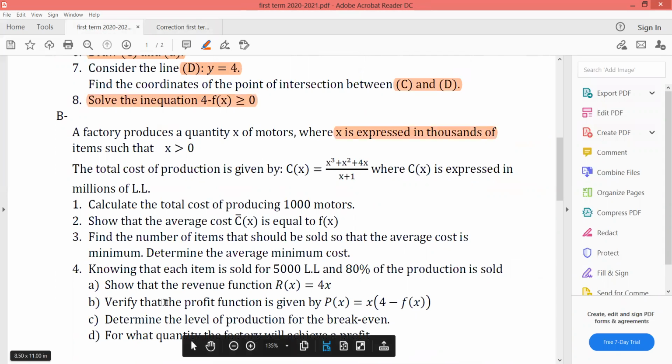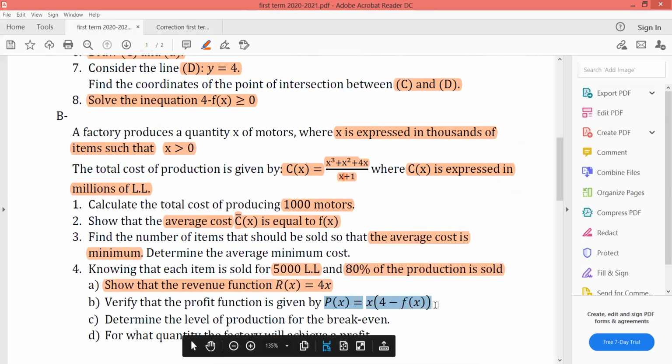Verify that the profit function is given by P(x) equal x times (4 minus f(x)). You know that the profit is equal to the revenue minus the cost.